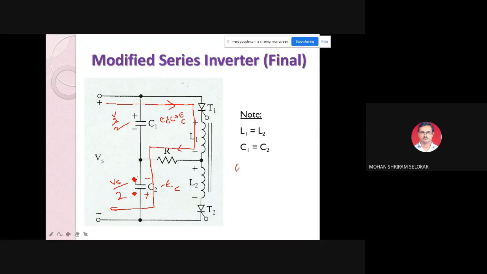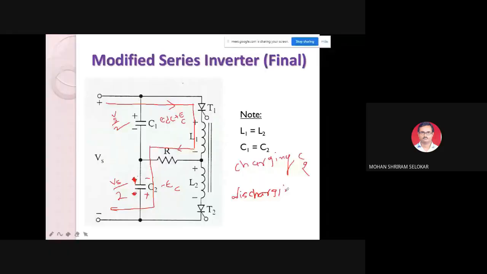Will anybody tell me? I will say charging of capacitor C2 takes place in this direction of current. So this is charging of C2, whereas discharging of C1 will take place. Everybody agree? Discharging of C1.